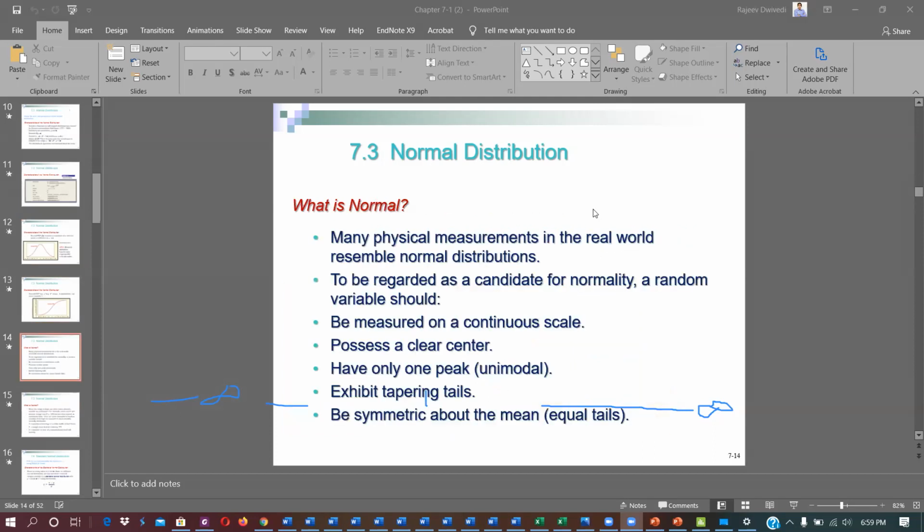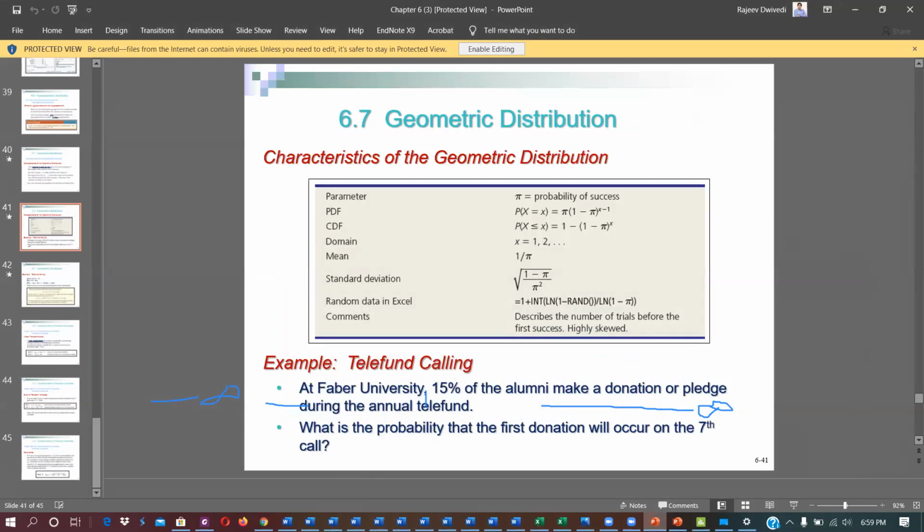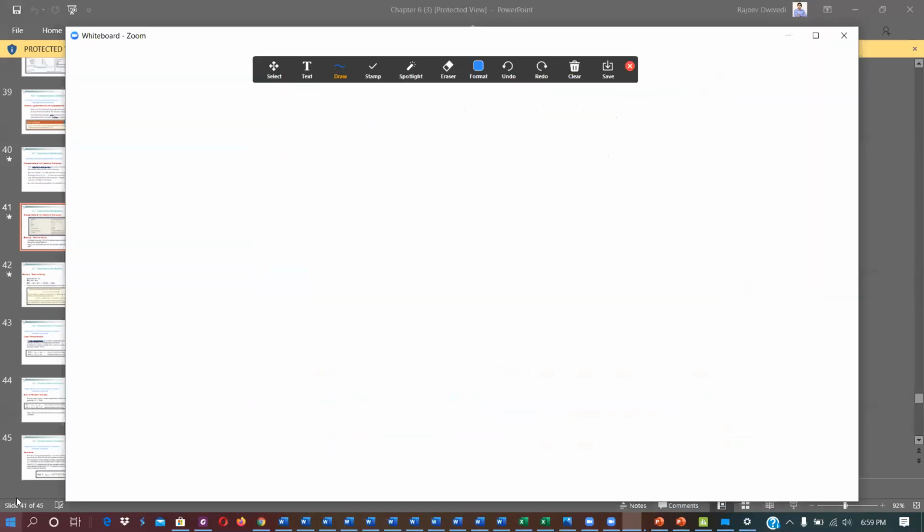Now let's go into the real example. I think I need to open the file. Just a minute.